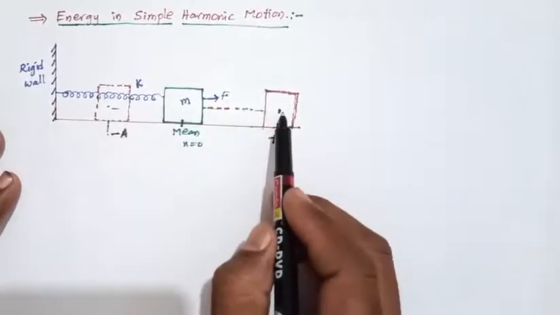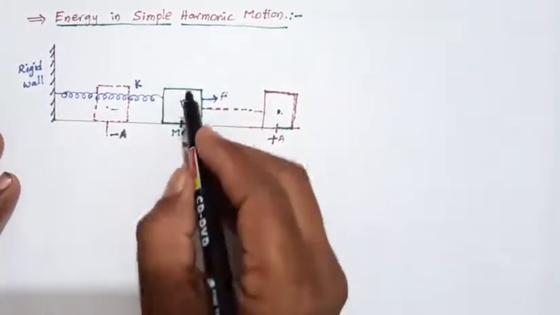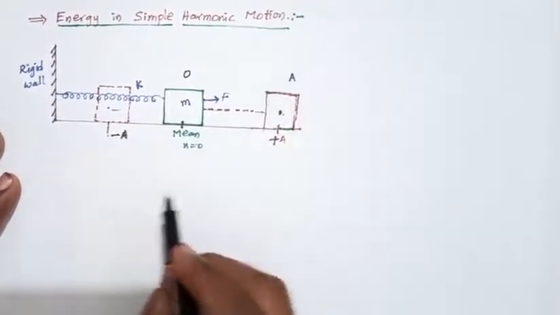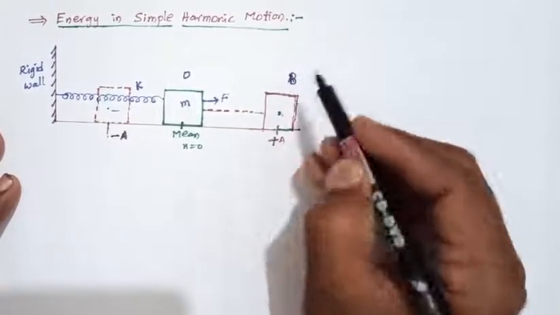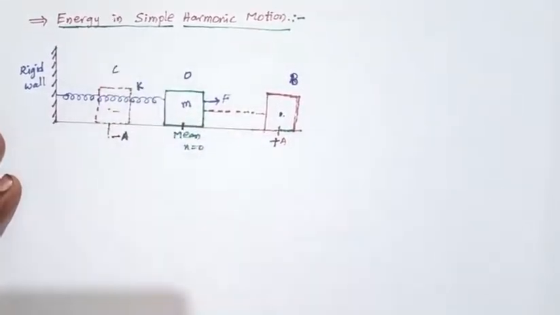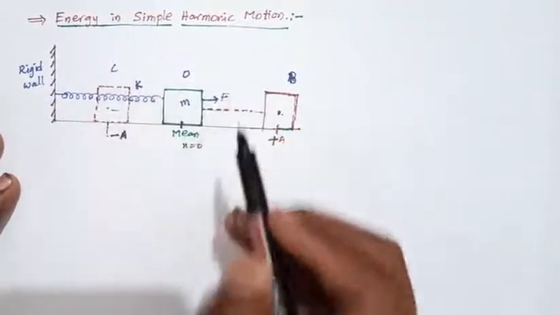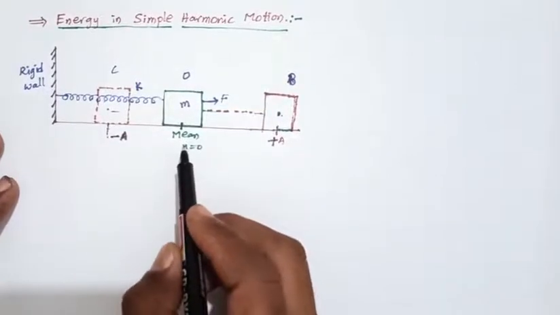For example, this is the O position, this is the B position, and this is the C position. B and C are the extreme positions. The O position is the mean position, the equilibrium position.